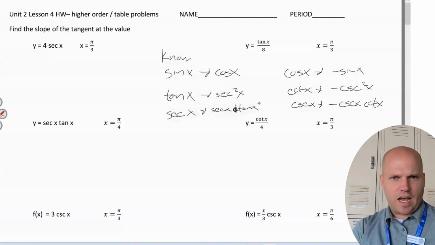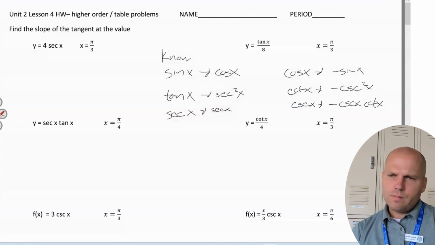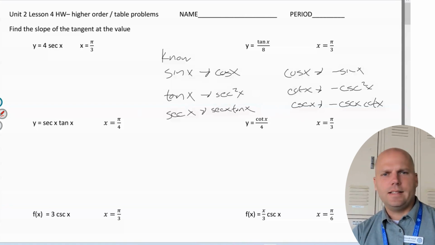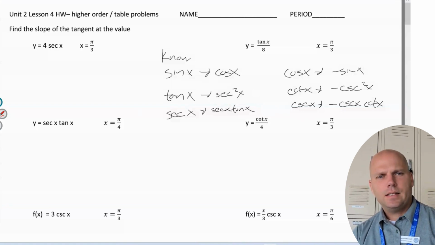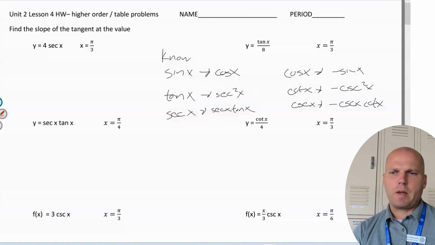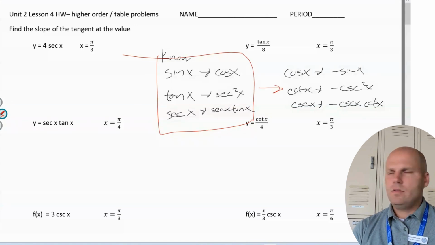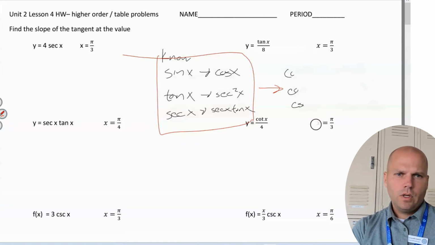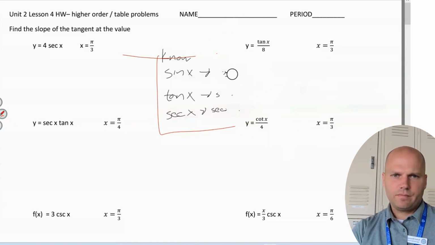So we kind of see how things are related to each other and try to minimize all that you have to remember and figure out some other stuff. All right, I'm just going to get to it then.